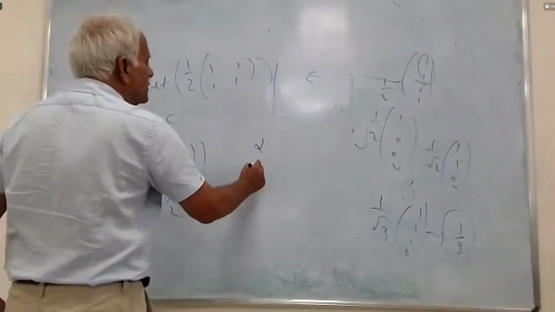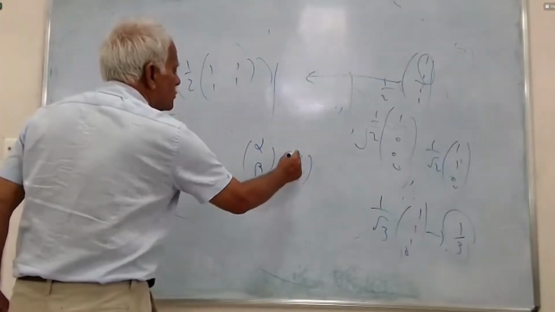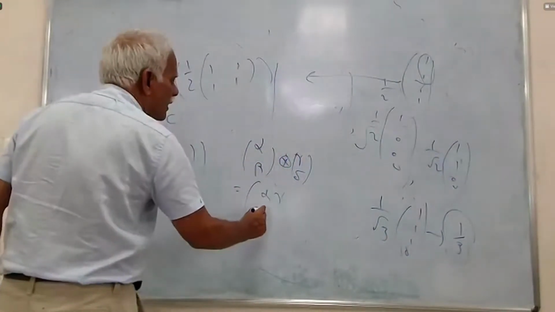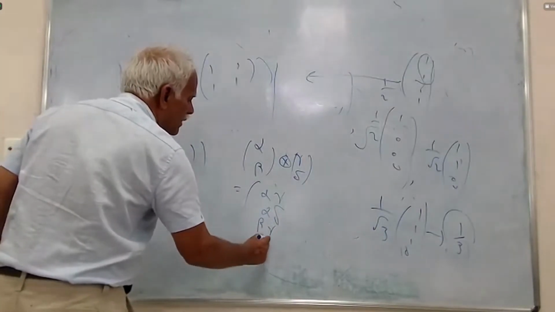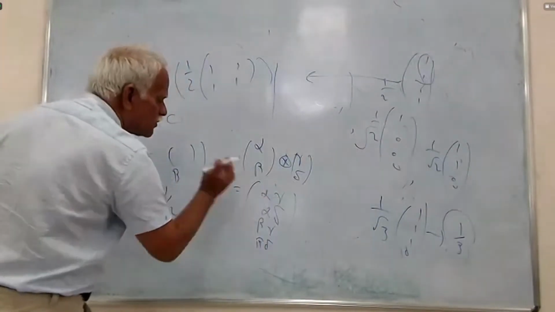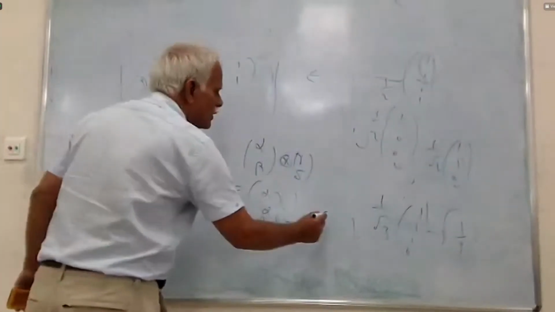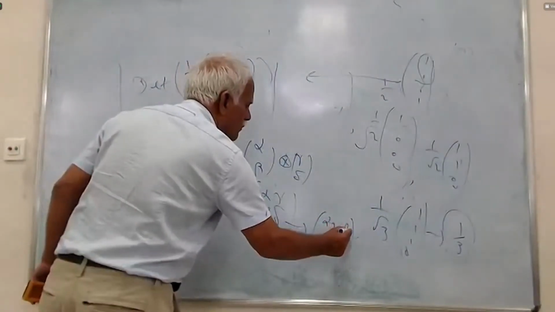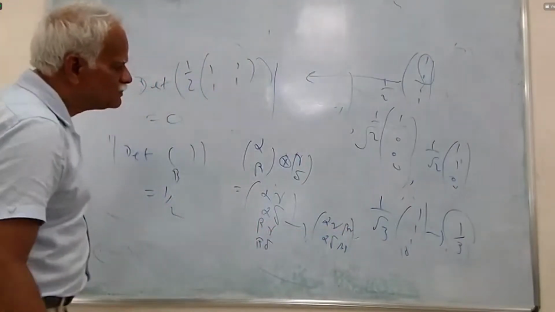His point was that let's take general states. If they are product states, then it will be alpha gamma, alpha delta, beta gamma, beta delta. The multiplication information is constructed into a matrix. What we find is alpha gamma, alpha delta, beta gamma, beta delta, and the determinant is zero.